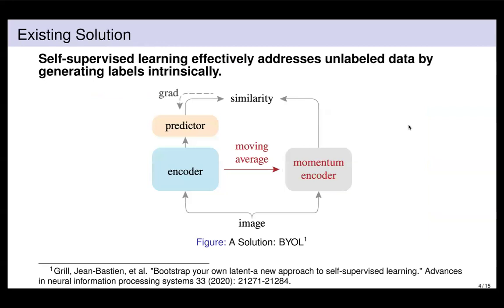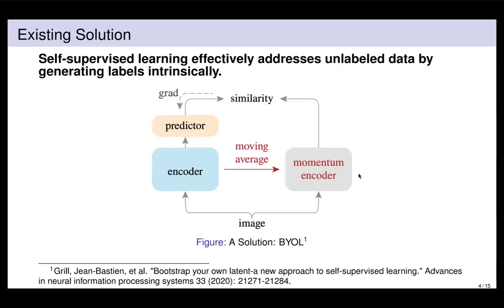Fortunately, we have a solution called self-supervised learning. It can effectively address unlabeled data by self-generating the labels. As you can see in this figure, I have shown an example of self-supervised learning called BYOL. It's a widely used self-supervised learning method.